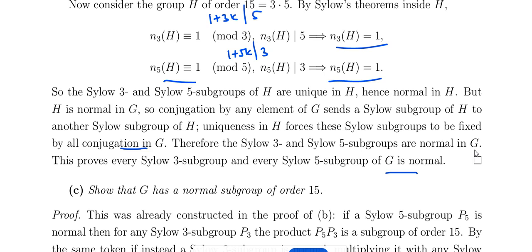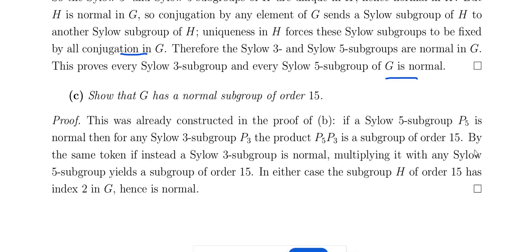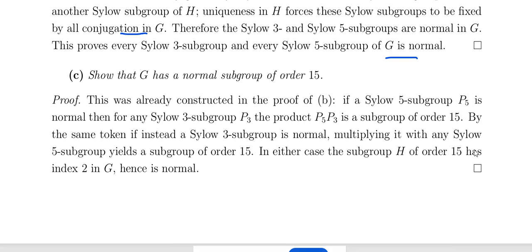G has a normal subgroup of order 15, and another one. From the previous result, the Sylow 5 subgroup is normal, and then for any Sylow 3 subgroup, the product of P5 and P3 is a subgroup of order 15.